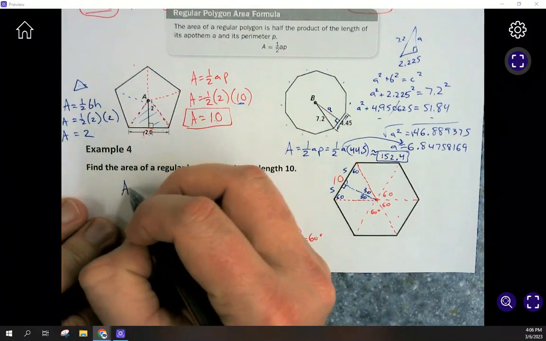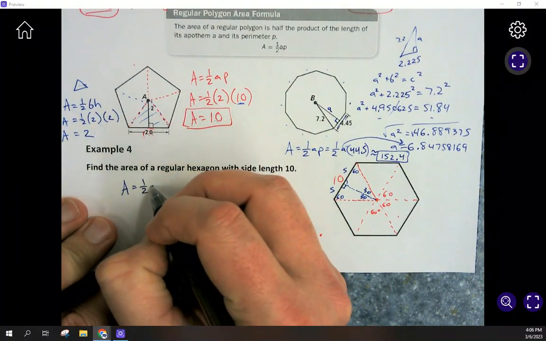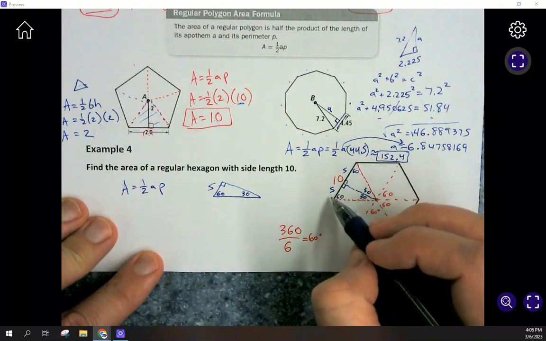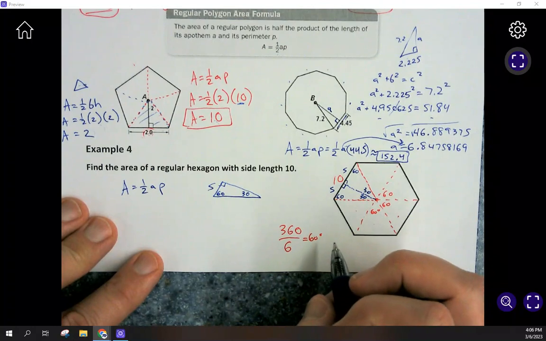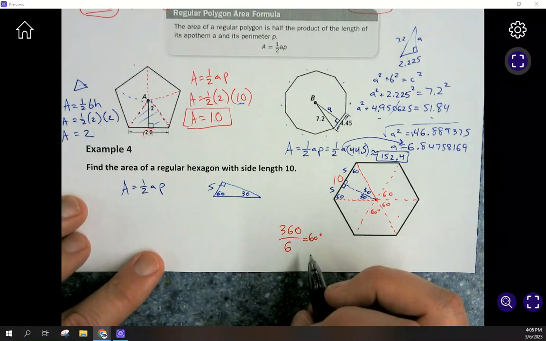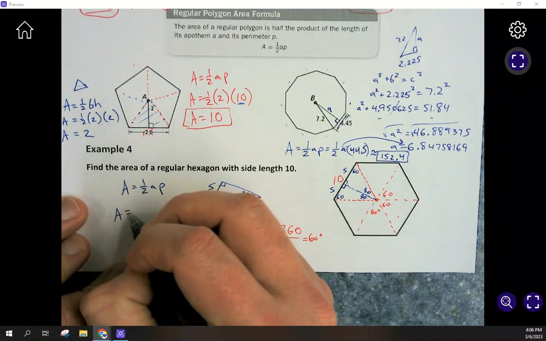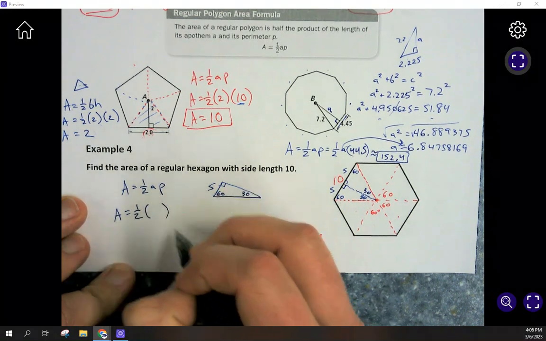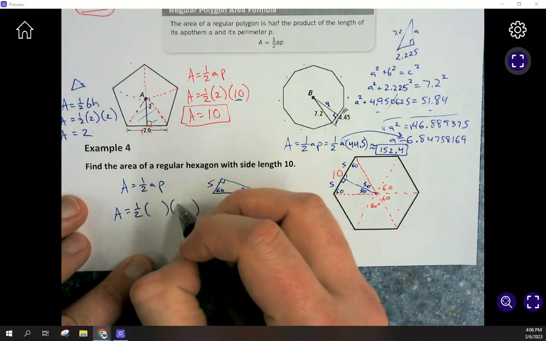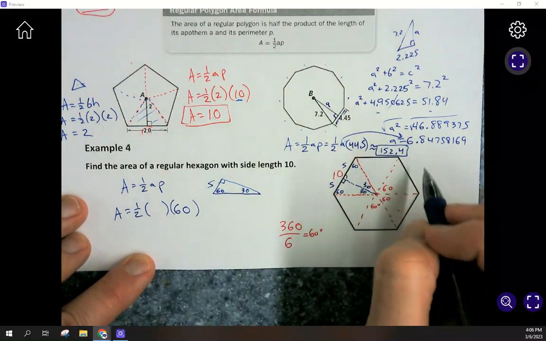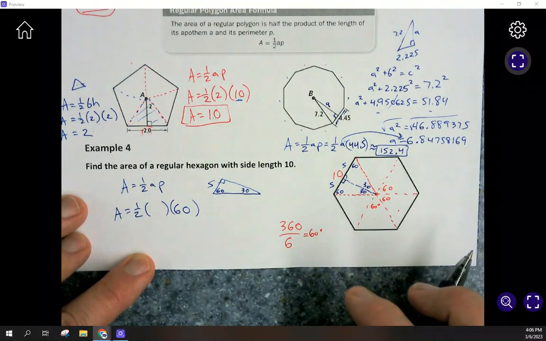Our main goal here is to plug into the equation 1/2 little a times little p. So we can already figure out what p is, right? 10 times 6, it's going to be 60. But what we don't have is little a. So right now, we don't have little a. Little p, the perimeter, that's just going to be 60, 10, 10, 10, 6 times all the way around.